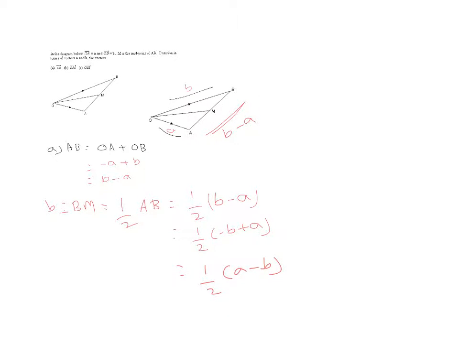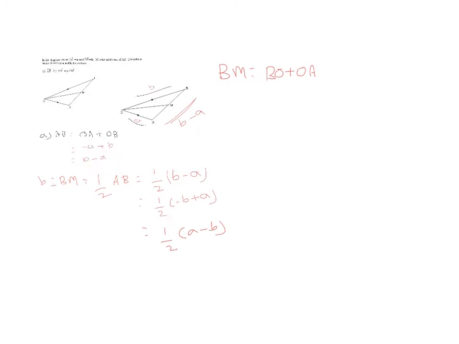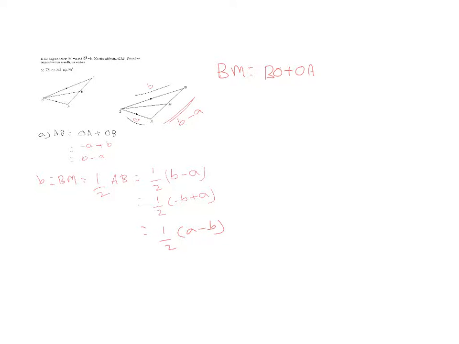Instead of coming from B to M, I can go B to O, O to A, to M. Another method of BM is, first I can go from B to O. So I put BO plus OA plus A to M, which is half of A to B. So what is BO here?